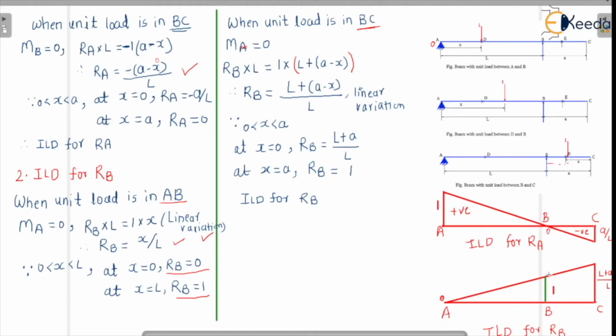Okay. And then for the BC portion, when X is equal to 0, it is (L plus A) by L, and when X equal to A, RB is 1. Okay, so this becomes the influence line diagram for reaction at B. Now let us see the shear force and bending moment at point D and E.